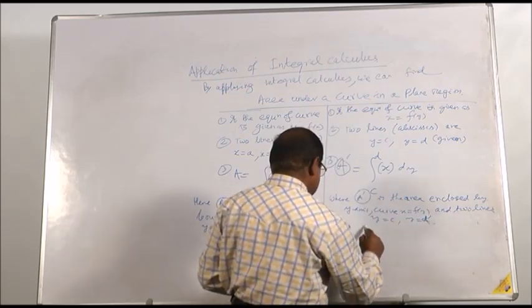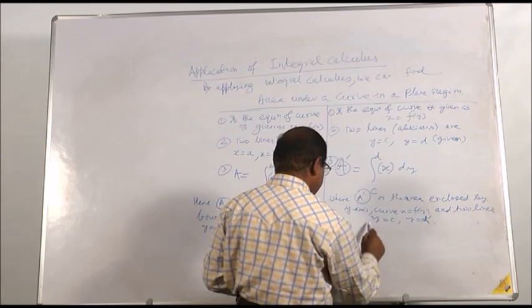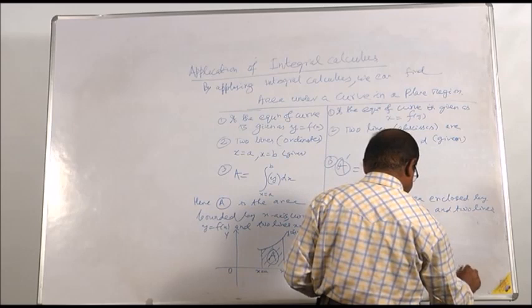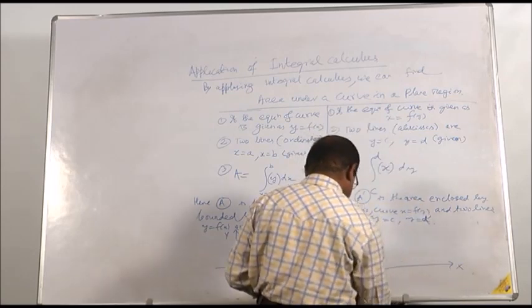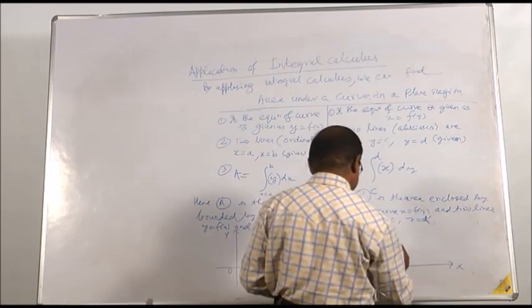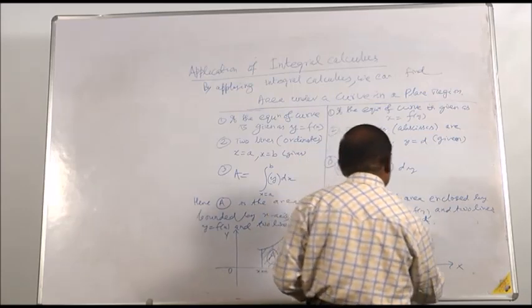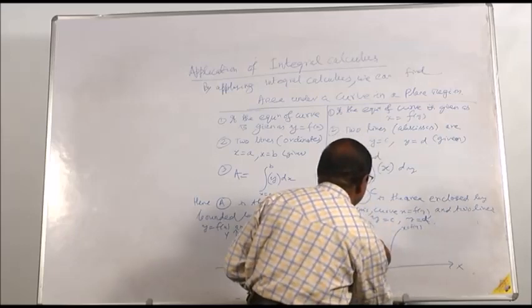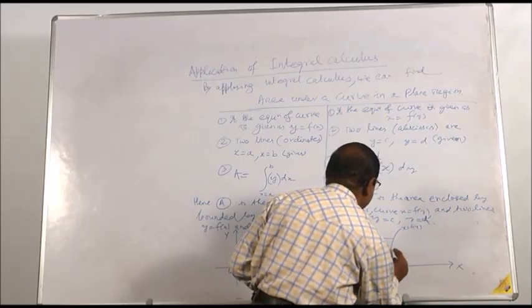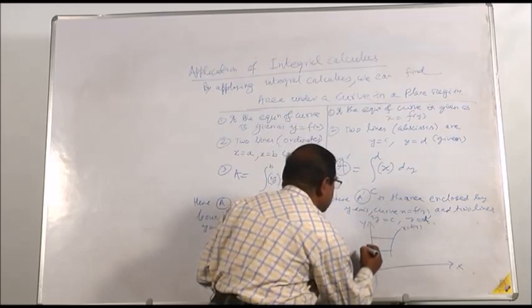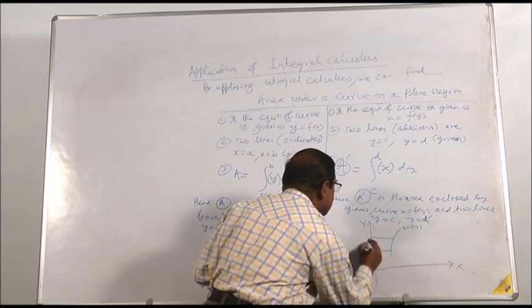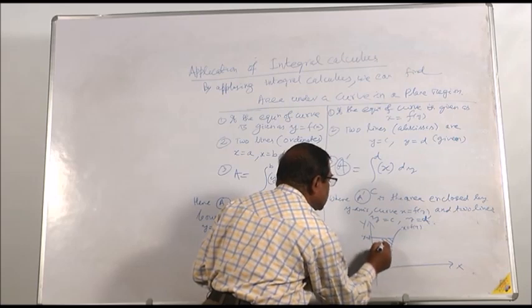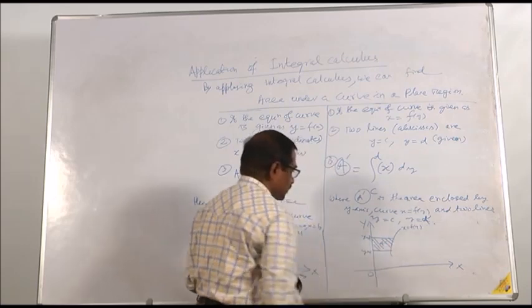The figure will be like this. This is the y-axis, and you can see this y is equal to c, y is equal to d. So this portion is the area A dash.